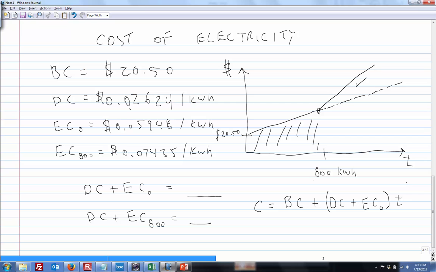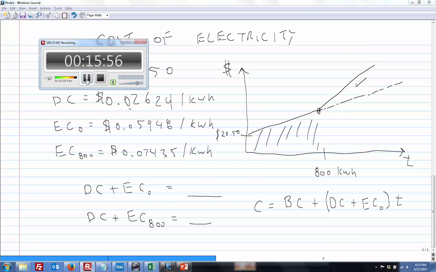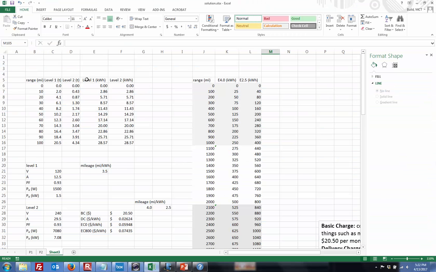I'm trying to think if there's a Heaviside step function in here. I don't know if we've got one. There's a way to kind of turn things on or off. Give me a second to think. I think I got it.